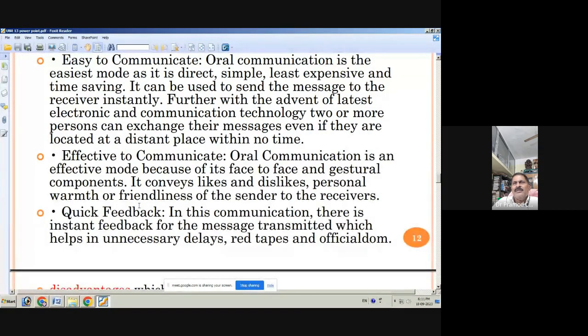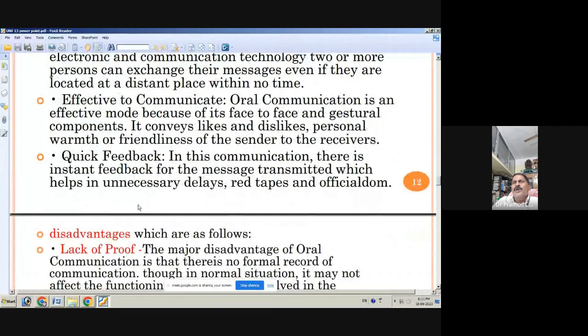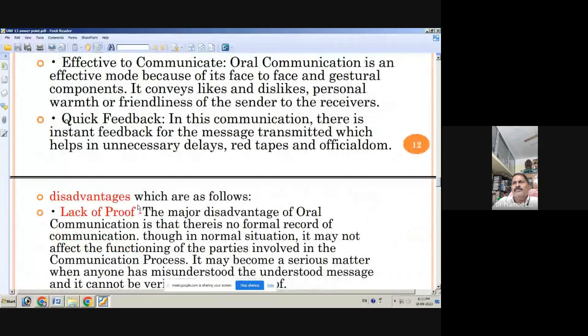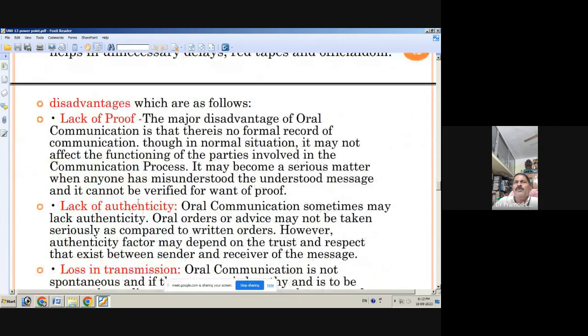Through our language, one is able to understand our emotion. We get quick feedback. Sometimes written communication will have no quick feedback, but here there is instant feedback for the message when it is transmitted. There will be no unnecessary delays, and automatically we will benefit from it.